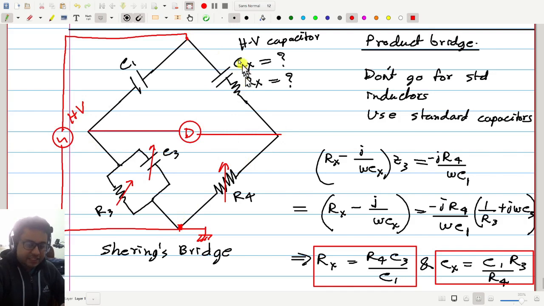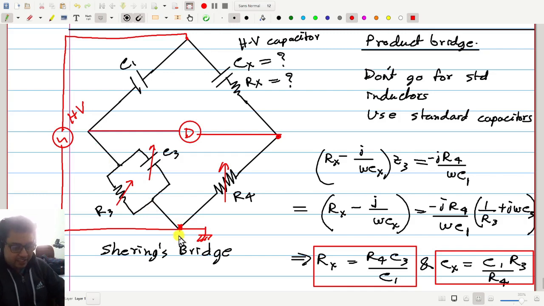Since this impedance is much higher compared to this impedance, much of the voltage will be dropped across this impedance compared to this. Therefore, the voltage at this point is not very high. This is at ground level, so this is also close to ground level, and similarly at near balance, this is also close to ground level.